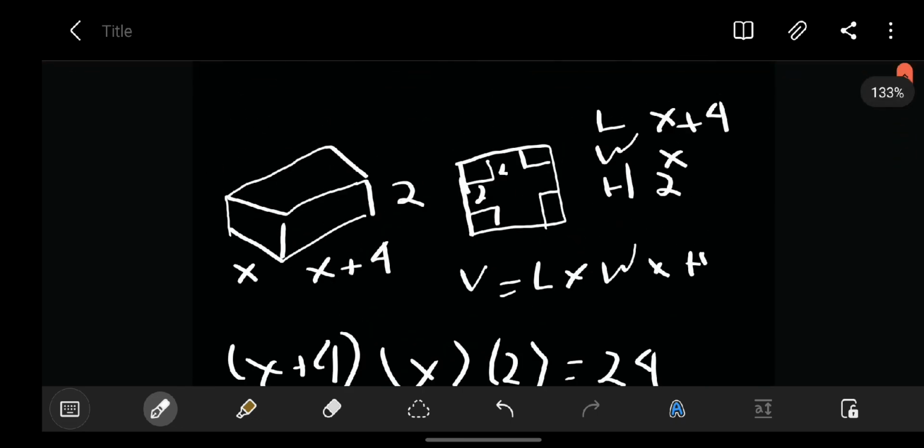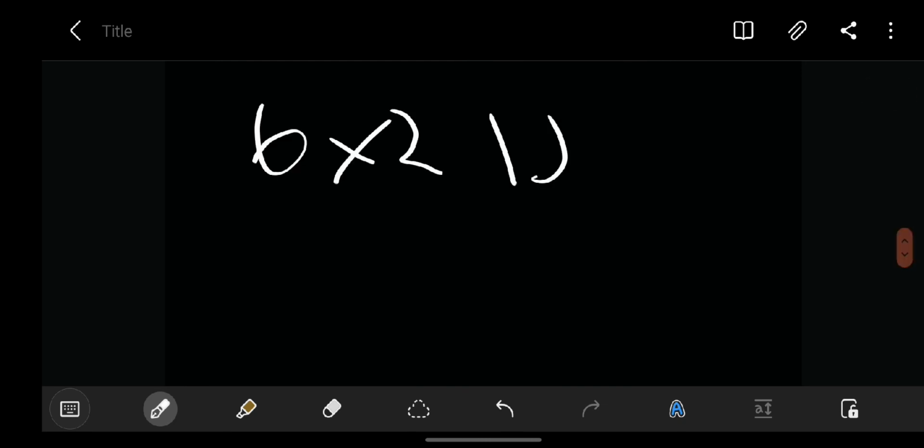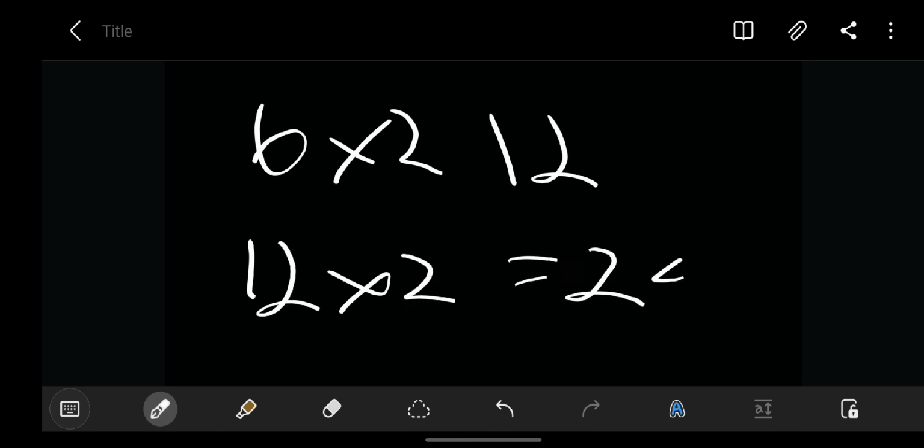So we're going to confirm that the length is 6, the width is 2, and the height is 2. Let's try it again. 6 times 2 equals 12, then 12 times 2 equals 24.